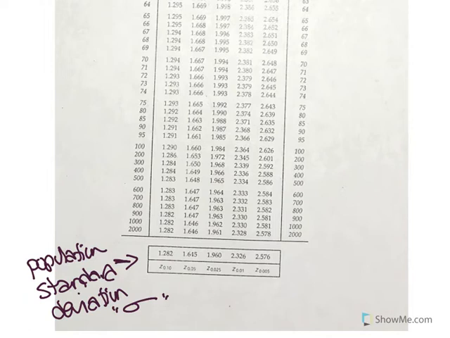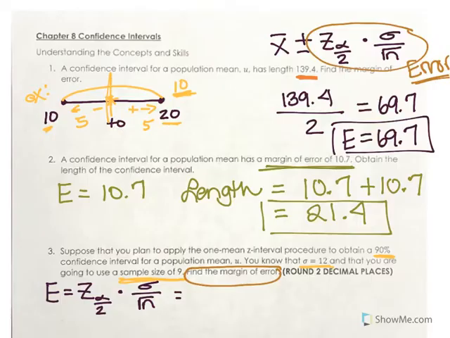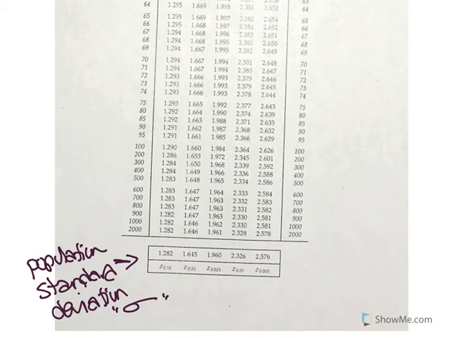This symbol represents population standard deviation. Okay, so our problem, and I'm going to go back to make sure I got the right percentage, is 90%. So your sheet should still be labeled, but we know 90% represents that second number.